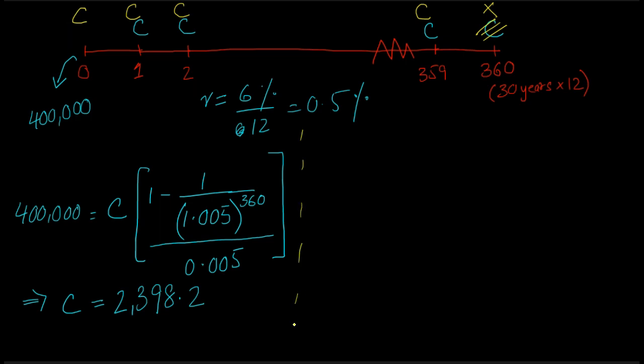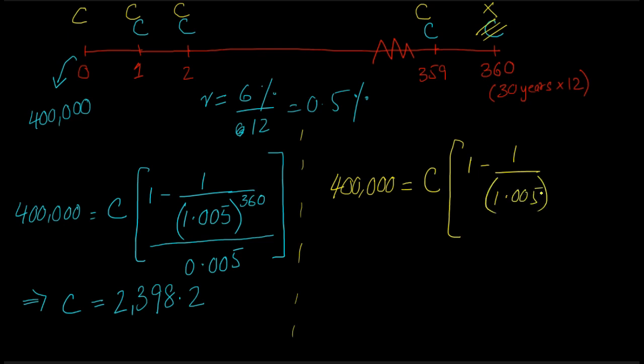And so we have seen in the past that the present value of an annuity due formula basically takes all of this and you just multiply by 1 plus R. So put in other words, the way you're going to approach this is you're going to say 400,000 needs to be equal to C, and now you'd again do 1 minus 1 over 1.005 raised to the power 360.